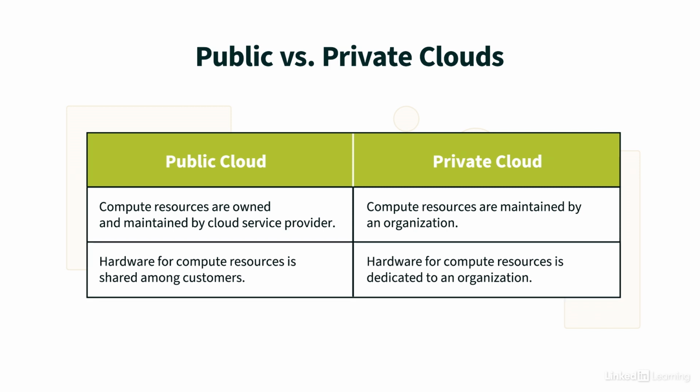A private cloud might be hosted in our own local data center, although it could be hosted by a private cloud service provider. But with a private cloud, the resources are maintained by and dedicated to just one organization. And many organizations, they use both. They have both public and private cloud computing, and that type of deployment is called a hybrid cloud.